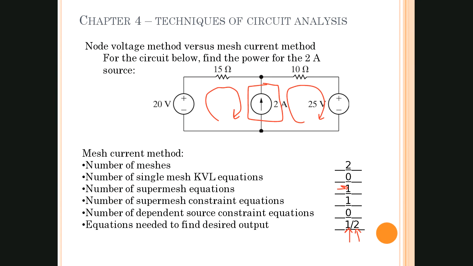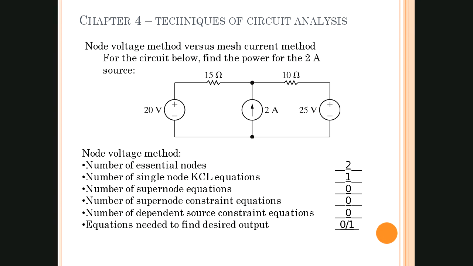I'm sorry, number of meshes. And that would make sense for the previous slide, where we have 0 constraints, but 1 equation. So that kind of makes sense. He didn't label it, but those 2 numbers actually make sense that way.